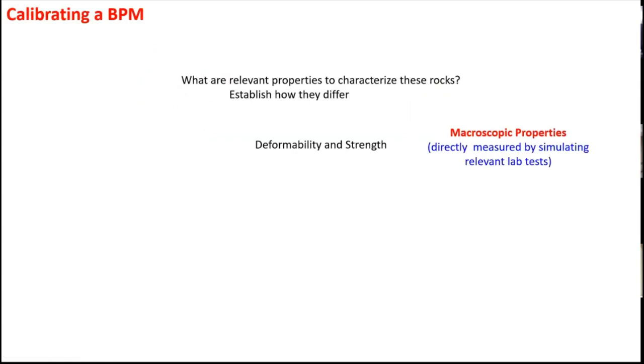calibration. Calibration has to do with, how do we make the model behave like a rock? What does that mean? How do we know how a rock behaves? Well, that's because we have different scientific theories that talk about behavior. And so we talk about behavior in our world. We're thinking about things in terms of deformability. When you squeeze it, how does it deform?